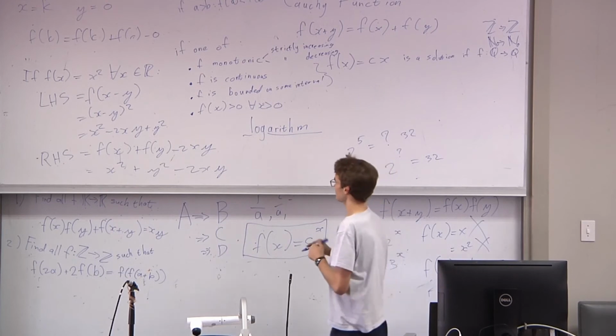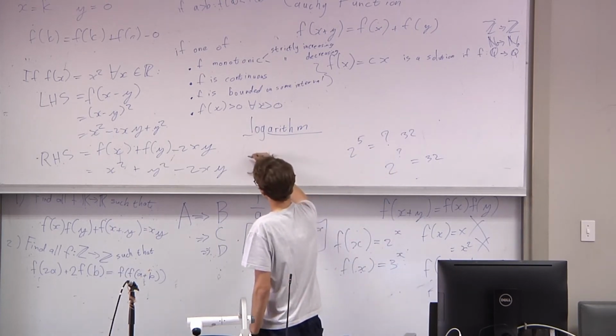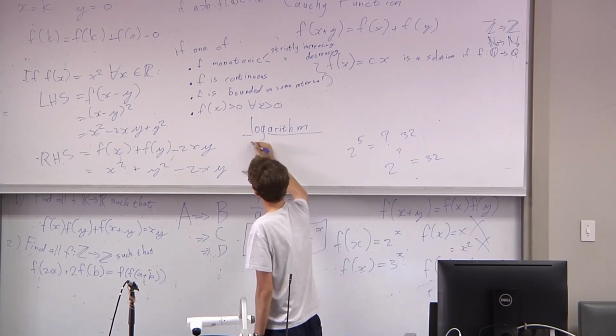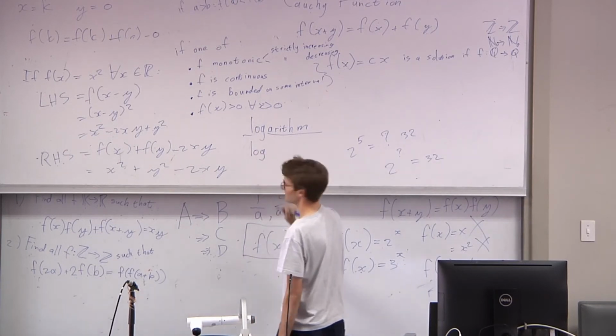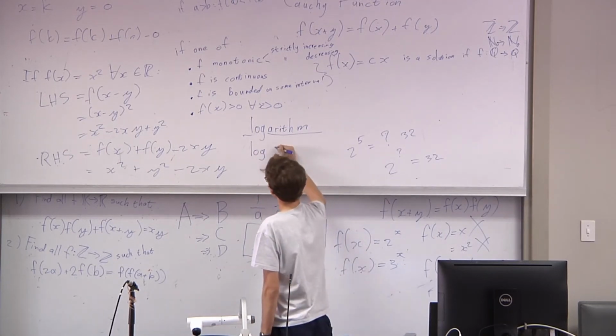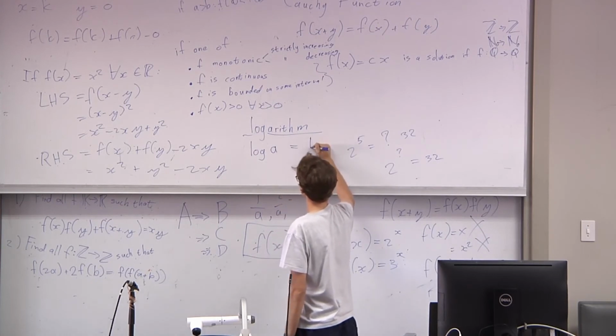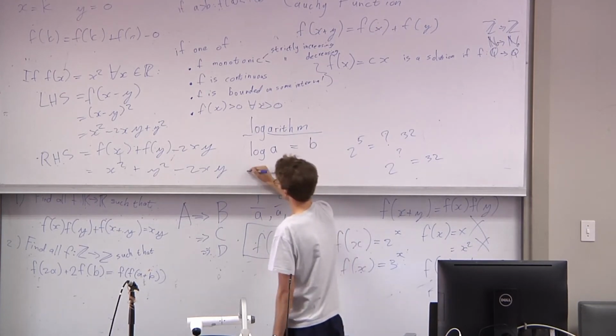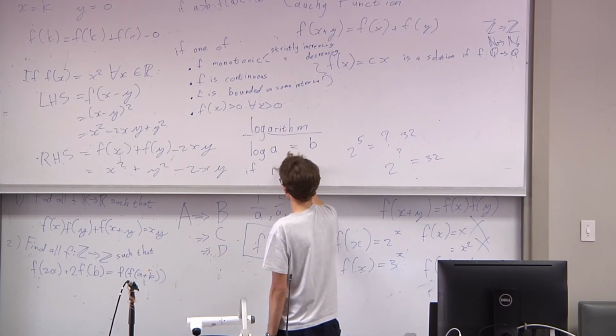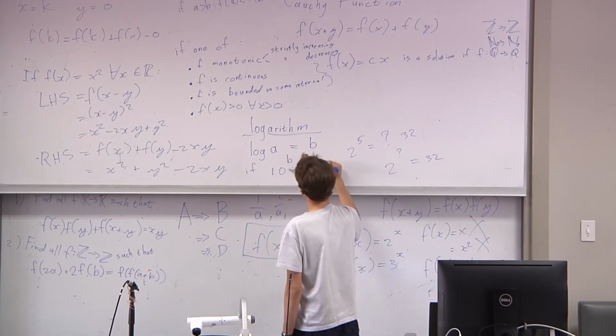Which is defined by the logarithm of a is equal to b if 10 to the power of b is equal to a.